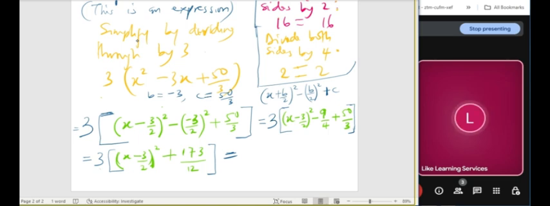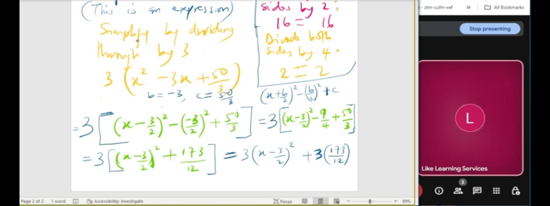In fact, the 3 will multiply 3, open the bracket, x minus 3 over 2 all squared, and also it will multiply 173 over 12. Trust me, they love something like this because they want to give you options that you wouldn't know is exactly what you got.